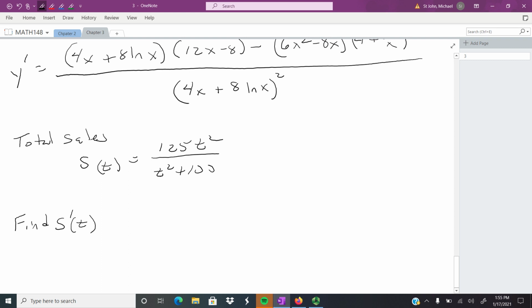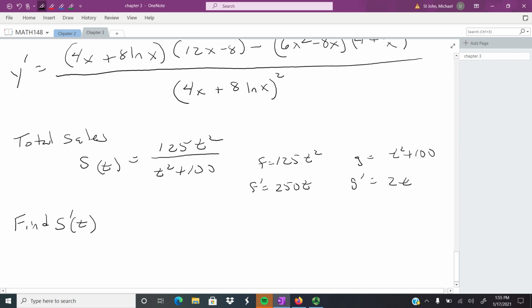Well, again, if I take my pieces, we'll say f is going to be the 125 t squared. F prime is then going to be 250 t. G is going to be t squared plus 100. And then G prime is going to be 2t.